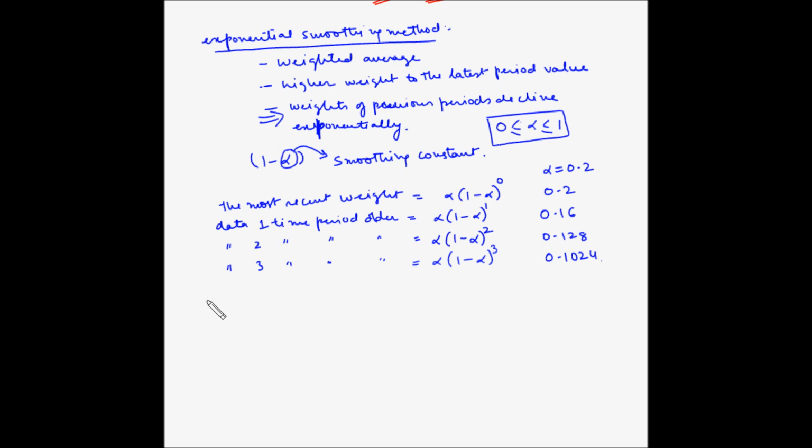So the forecast means ft, where t is the time period for which we are calculating the forecast, is equal to, so the first historical data will have the weight of alpha multiplied by (1 minus alpha) to the power 0.